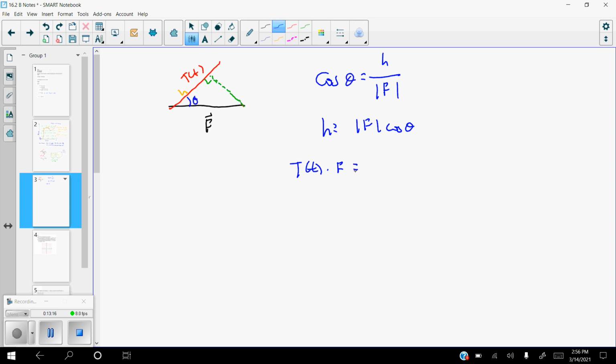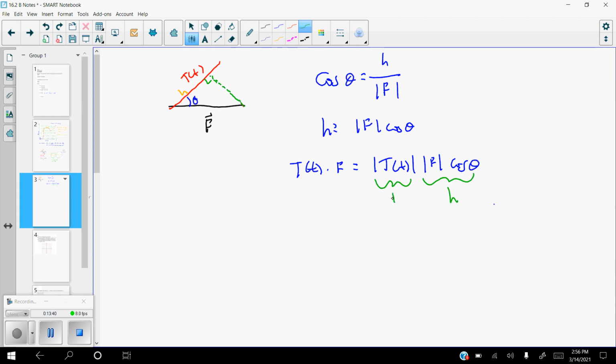Well, that would be the same thing as the magnitude of the unit tangent vector, times the magnitude of the force, times the cosine of the angle in between. Well, we've defined this already. That's h from the line above. And the magnitude of the unit tangent vector, well, it's a unit tangent vector, so the magnitude is 1.